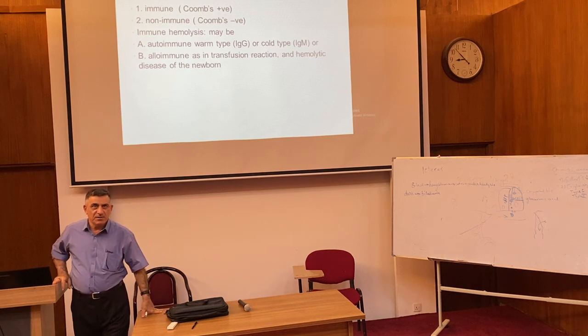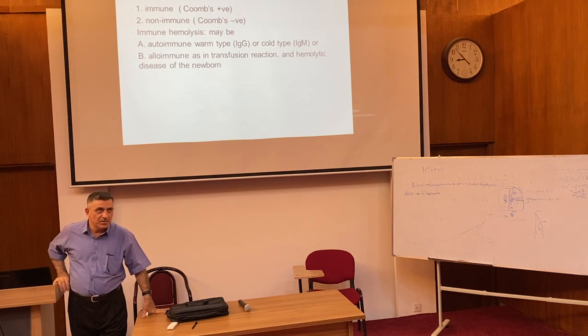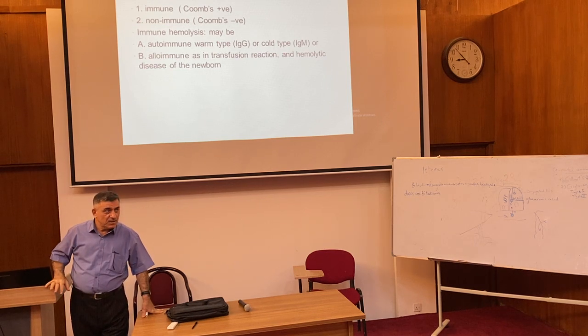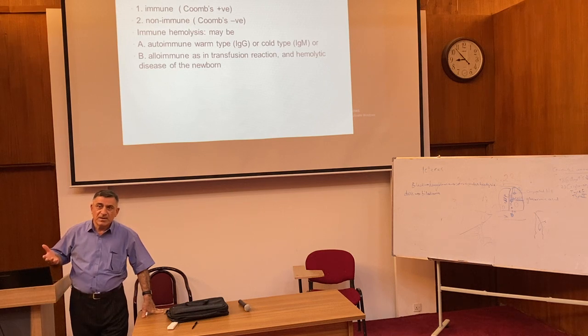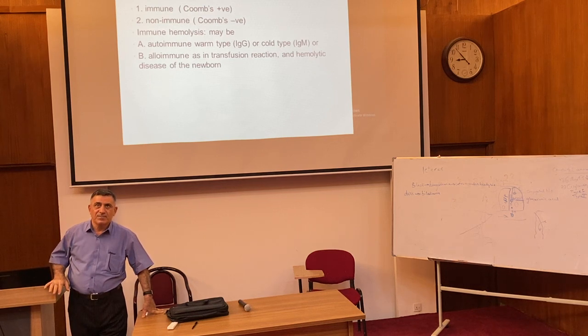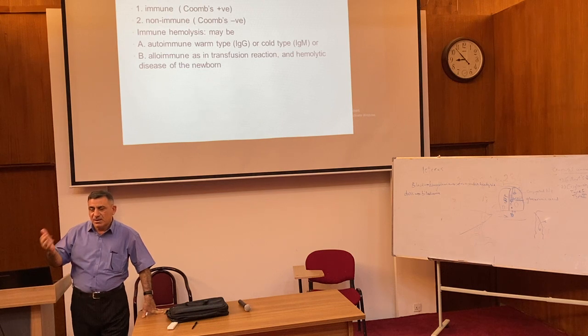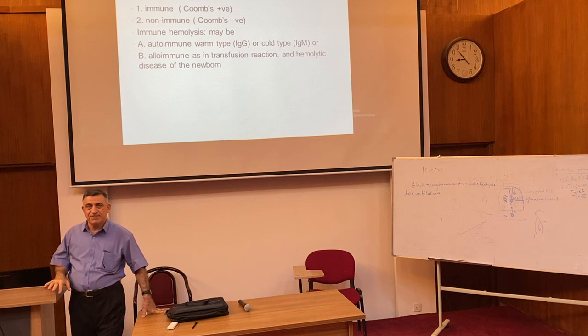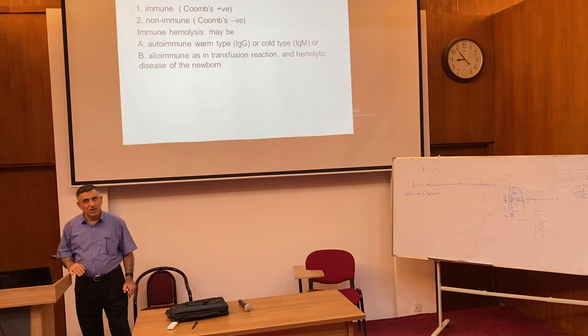Allo means immunity from someone else, for example with blood transfusion, if it is not compatible there will be hemolysis due to allo antibody, or if Rh is incompatible. Auto and allo.